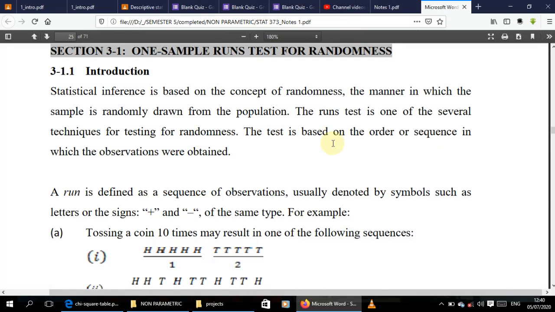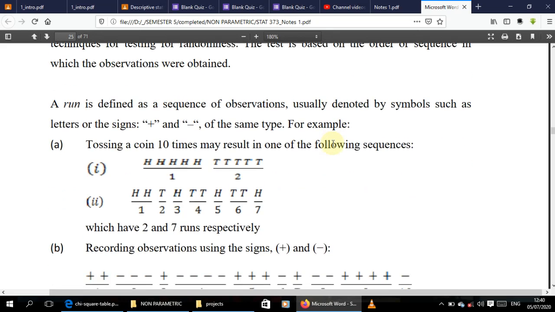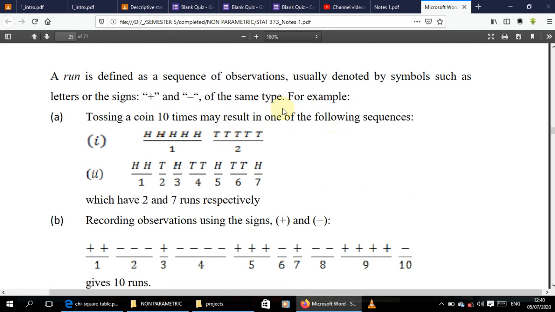All right. So for example, tossing a coin 10 times may result in one of the following sequences. You have the heads, then the tails. Per the arrangement, first they are all heads, so this is 1 run. They are all tails, this is 2 runs. So put together, there are 2 runs.